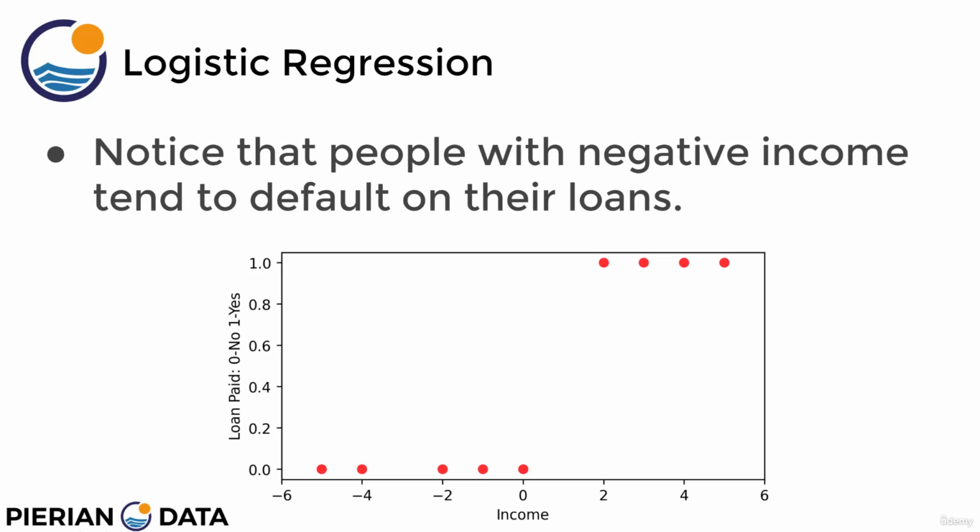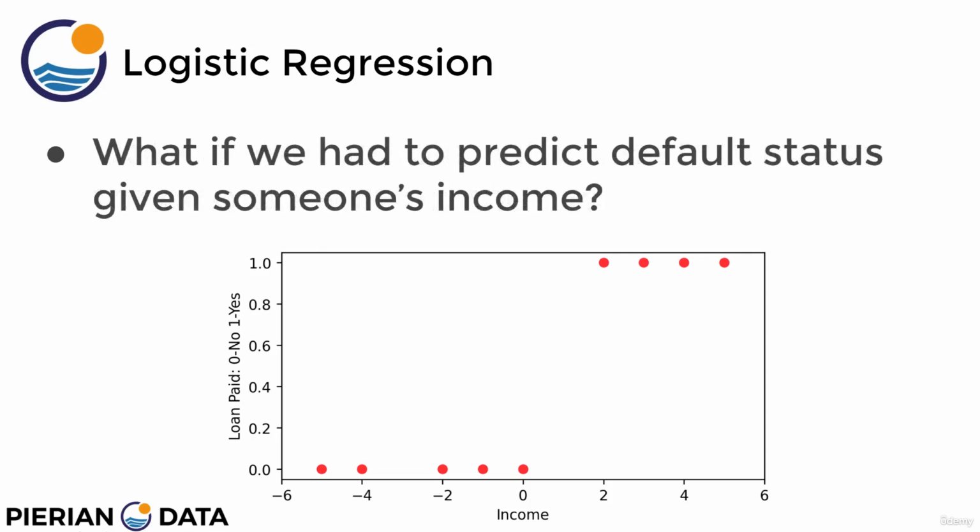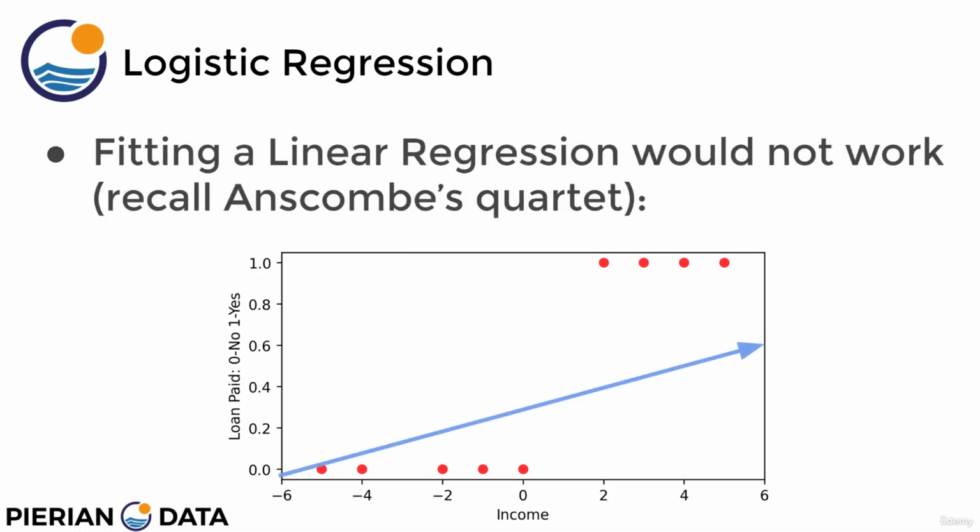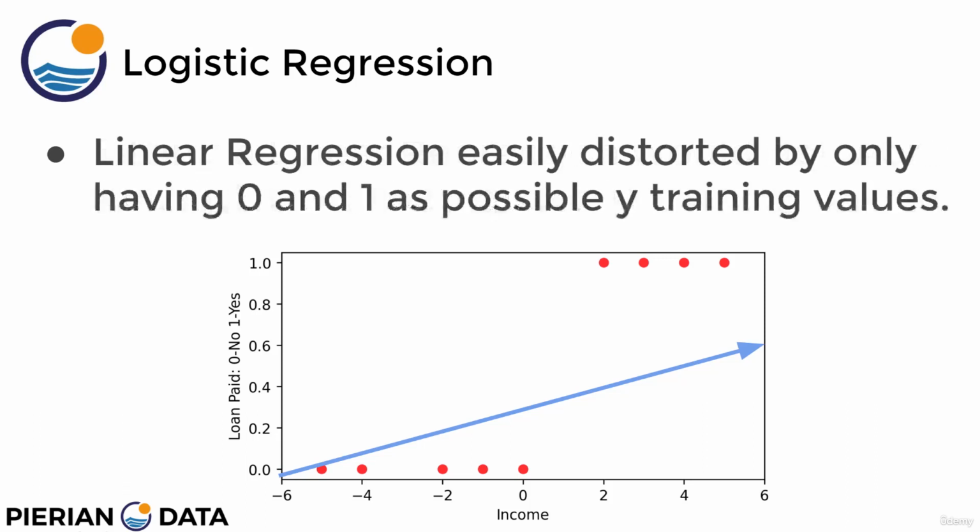And you might be thinking, could we actually fit a linear regression to this to solve the task? So if we had to predict the default status given someone's income, and we were to fit a linear regression, it actually would not work. And you can recall Anscombe's quartet, where you have major issues with some points lying way outside as outliers. And clearly, with values only being able to be 0 or 1, we're going to have issues.